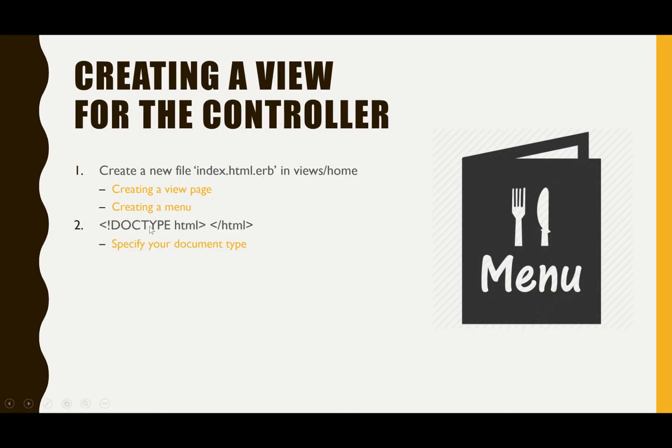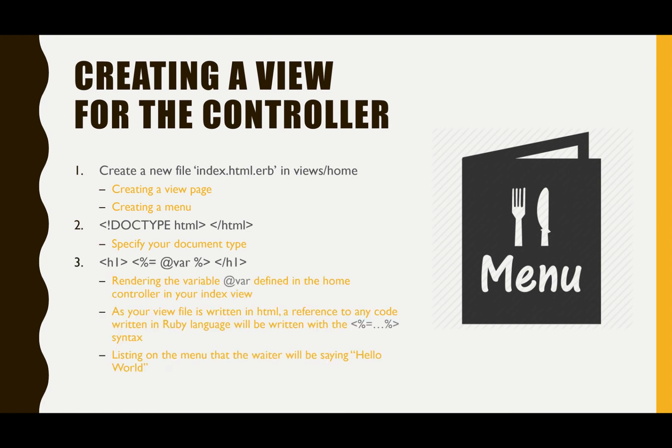So now you're gonna start creating the menu, and this you will revisit all your front end knowledge. You're gonna specify the doc type, and then what I want you to do is to basically put in header 1, and then borrow whatever action that you had in your controller, and render it in your view page.